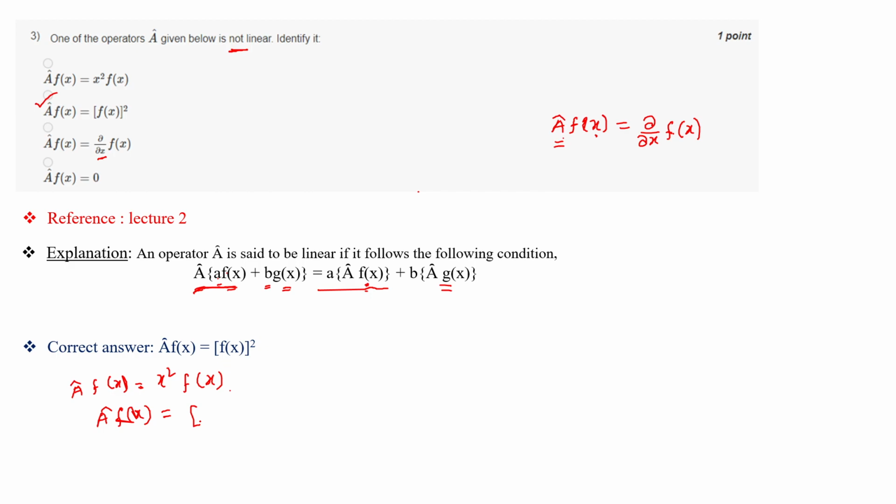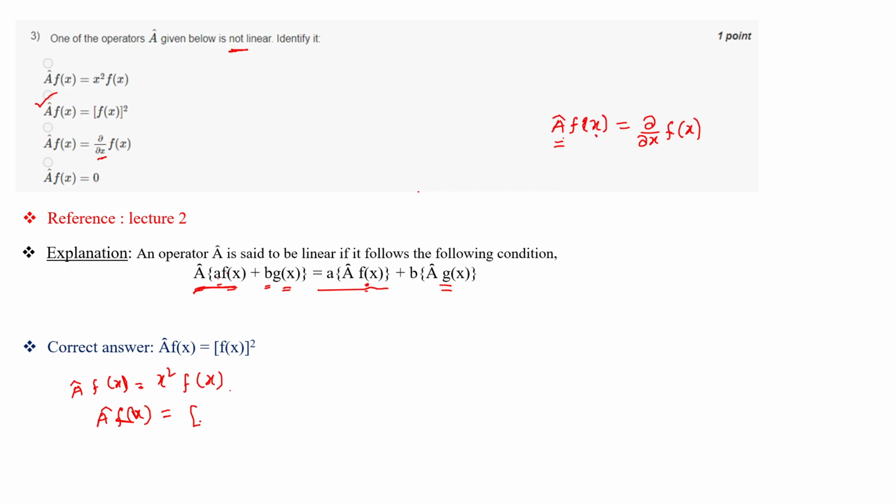I am repeating the question again. I am saying that an operator is said to be linear if it is operating on a function, and if the function is multiplied by some constant, the constant comes out. In these three cases you have seen, in the case of this one, it is getting the function back multiplied by another function.